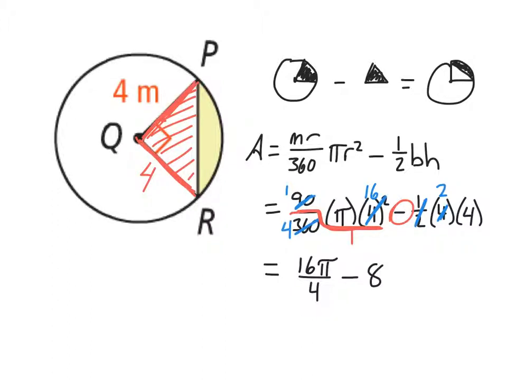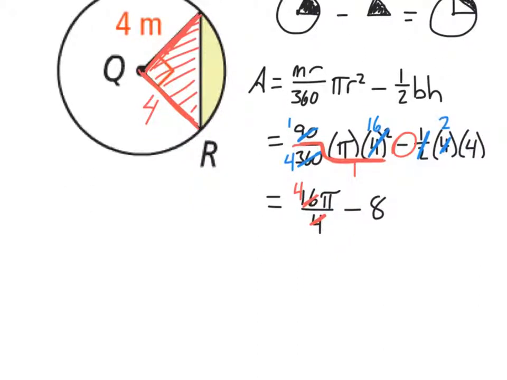Oh yeah, that's going to be 8. You with me? Okay, well, 16 over 4, what do I get? 4. 16 and 4 reduce. And so that means my final answer, because again, I want exact answers here. My final answer for the area is going to be 4 pi minus 8, and that is in meters.